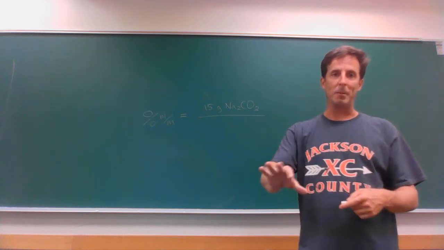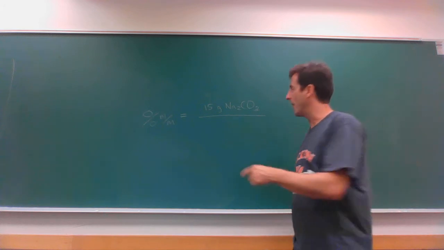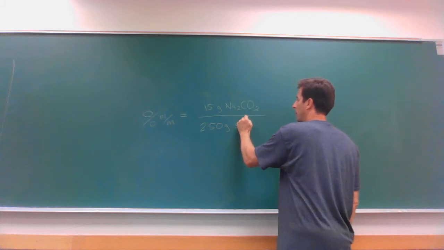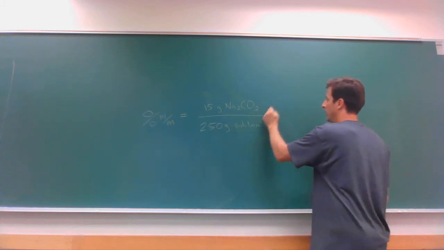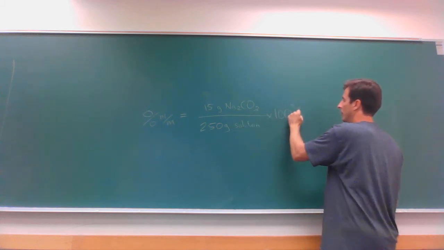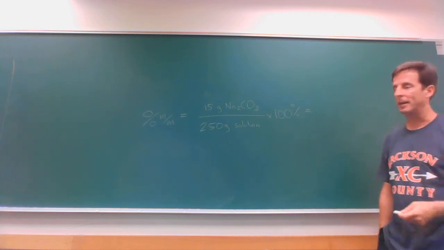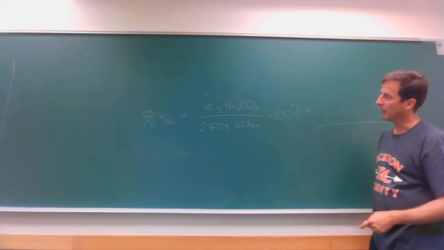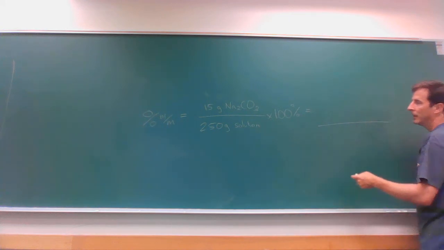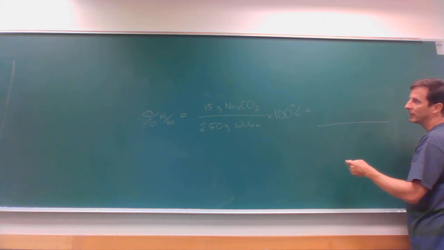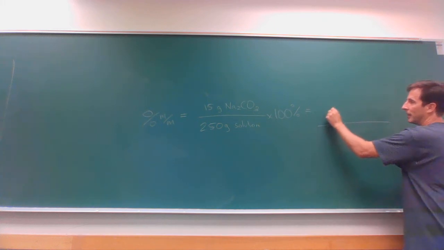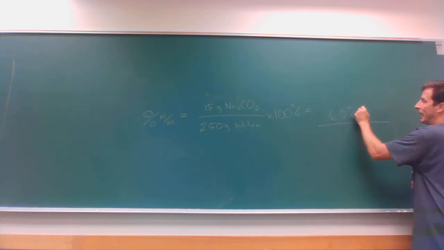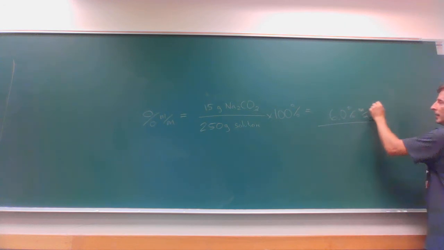The masses have to be combined, so 15 plus 235, it should be 250 grams on the bottom of solution, times 100, and then that would be your percentage. Again, whatever your answer is, 15 over 250, I want to say that's 6%. That should be 6%, probably 6.0% mass to mass, Na2CO3.